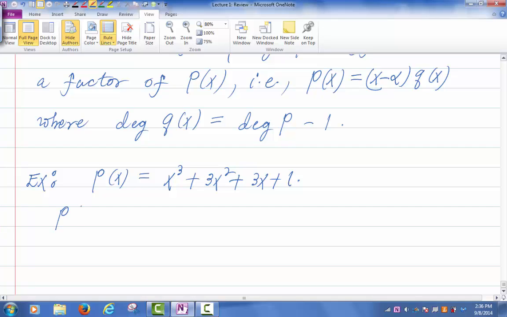Notice, what is p of negative 1? P of negative 1 is 0, right? Because you get negative 1 plus 3 minus 3 plus 1. Do you agree with that? So p of negative 1 is 0, so that implies negative 1 is a root of p.